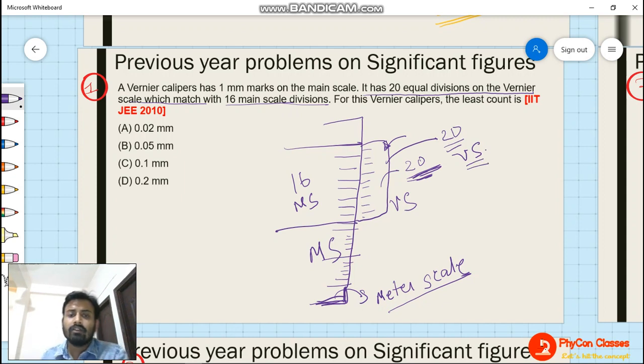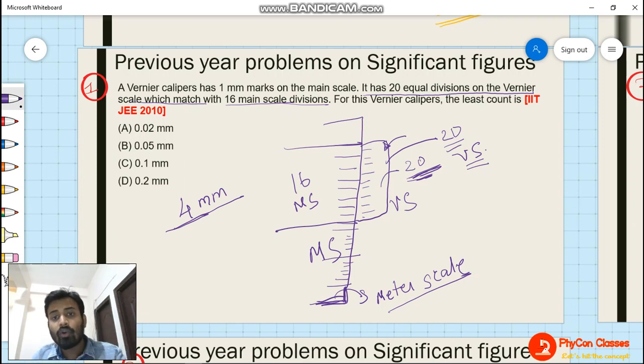So what is the difference? The difference is 20 minus 16, that is 4, and each graduation on the main scale equals 1 mm, so we can write it as 4 mm.